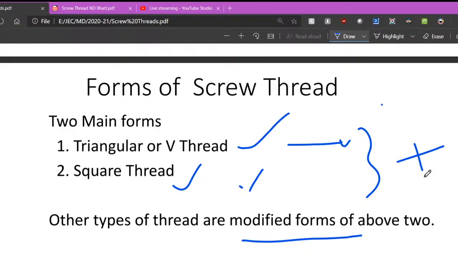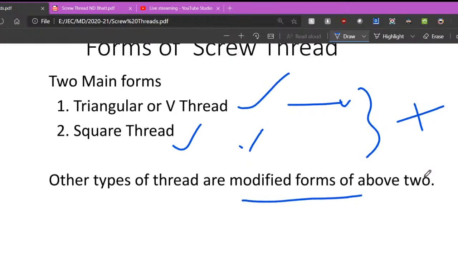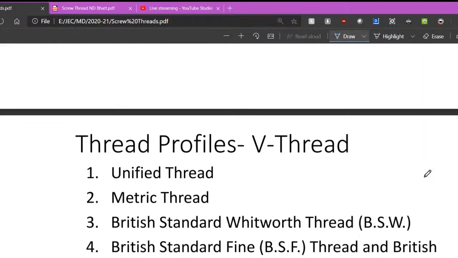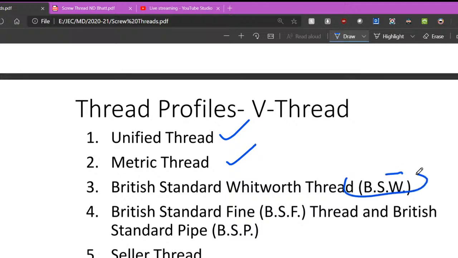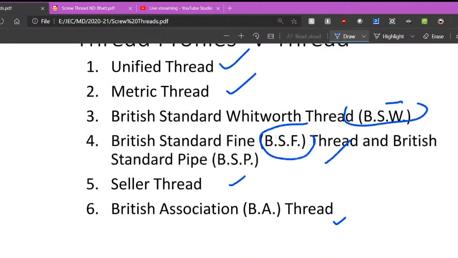So in the V or triangular thread, we will study the following threads: unified thread, metric thread, British Standard Whitworth thread, that is called BSW, British Standard Fine thread, British Standard Pipe thread, then Sellers thread and British Association thread. We will discuss all of these one by one.